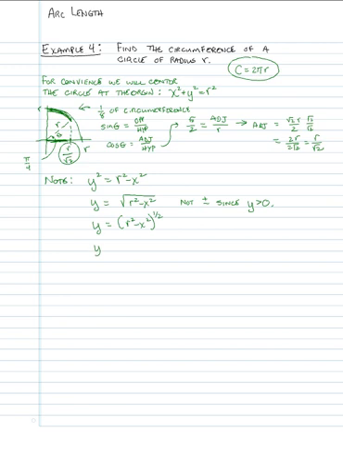So we'll calculate y prime, and of course that's the derivative with respect to x. Y prime, looking at our y right here, is going to be 1/2 times r squared minus x squared to the power negative 1/2, then times the derivative of the insides of the parentheses, which is negative 2x.